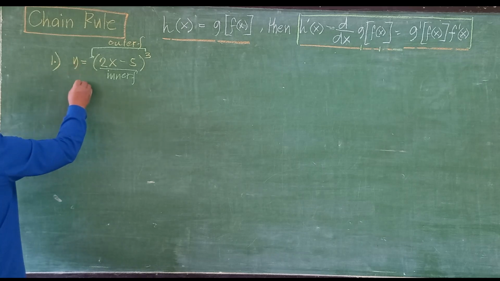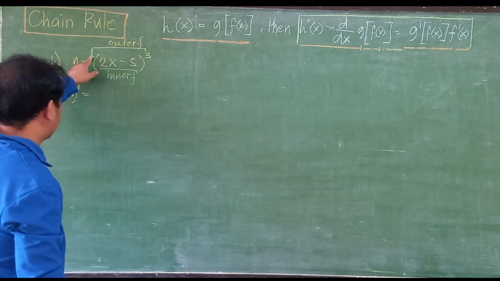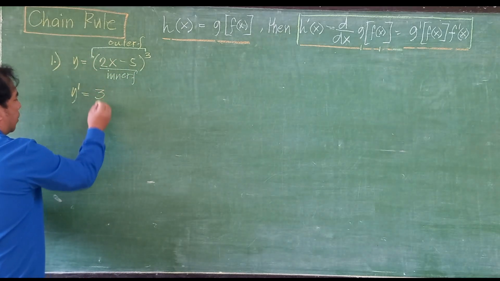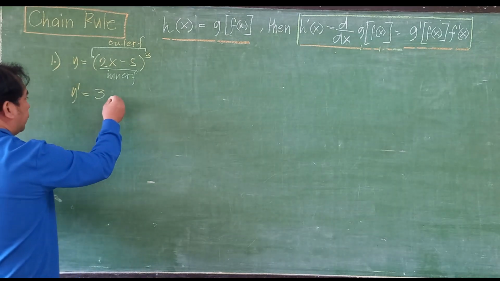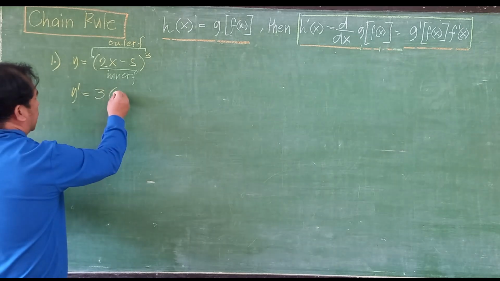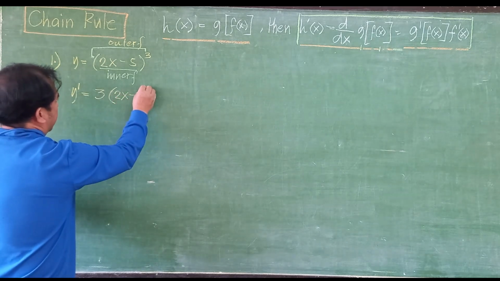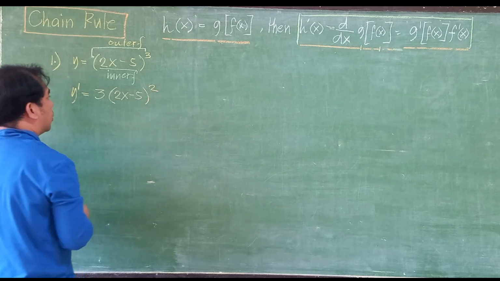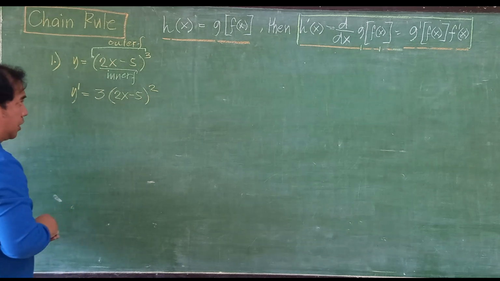So for our derivative, y prime is, for the outer function, we get its derivative, so that is 3, multiplied by the quantity 2x minus 5, raised to 2, multiplied by the derivative of the inner function.